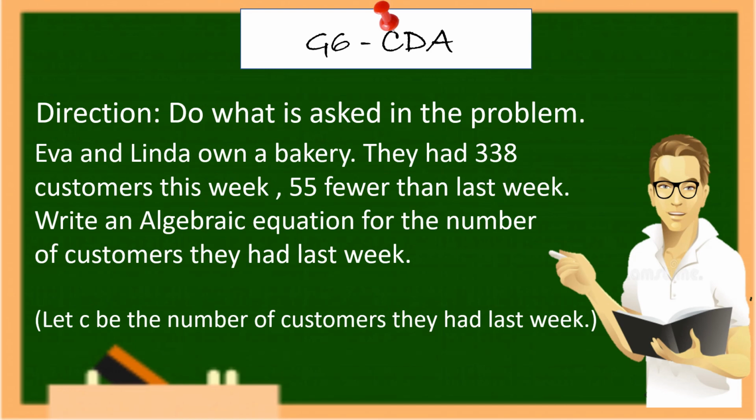Another. Do what is asked in the problem. Eva and Linda own a bakery. They had 338 customers this week, 55 fewer than last week. Write an algebraic equation for the number of customers they had last week.